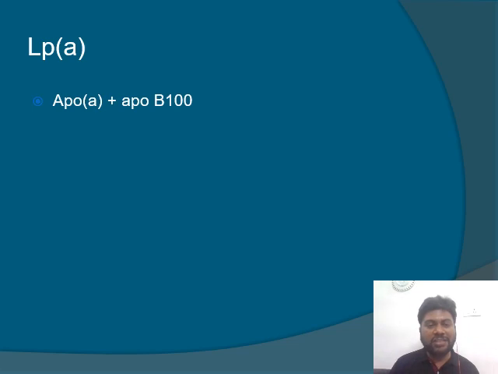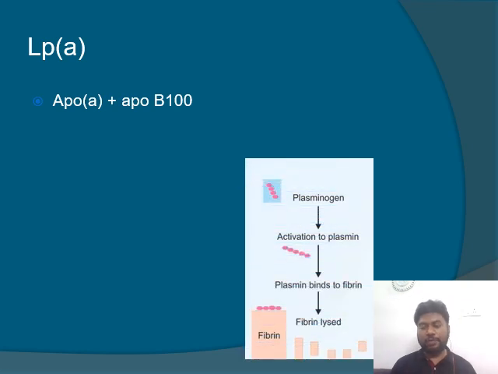The structure of lipoprotein A has been found to be similar to the structure of plasminogen. You all know what plasminogen is. Plasminogen is the inactive form of plasmin, which when activated by an enzyme is converted to plasmin, and that plasmin will break the fibrin and lead to clot destruction. This is the normal function of plasminogen.